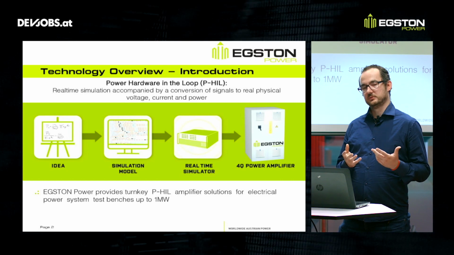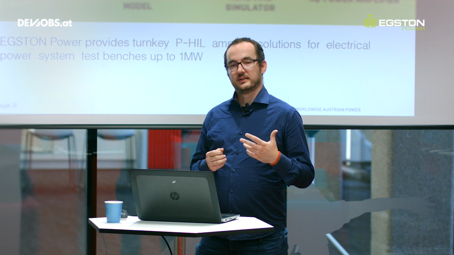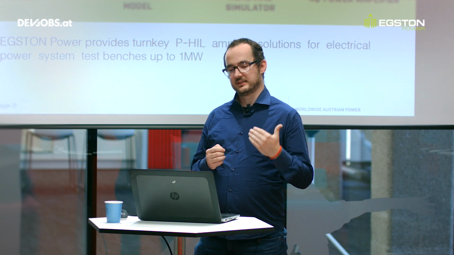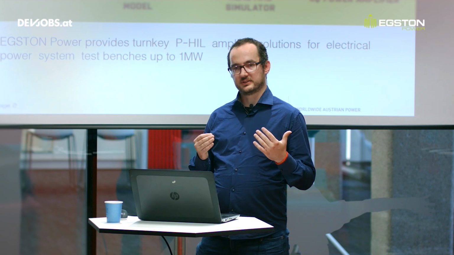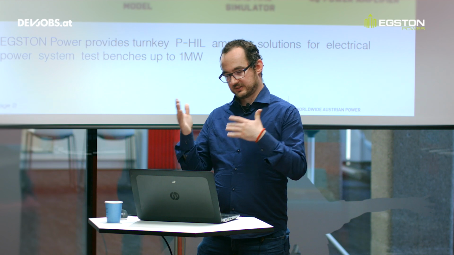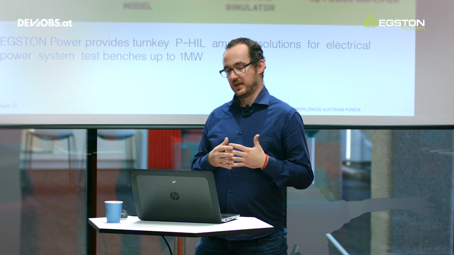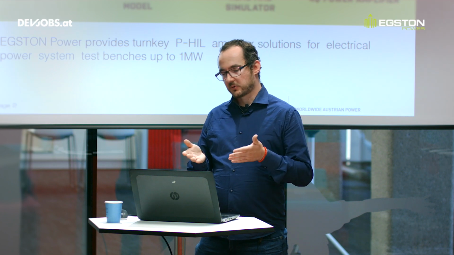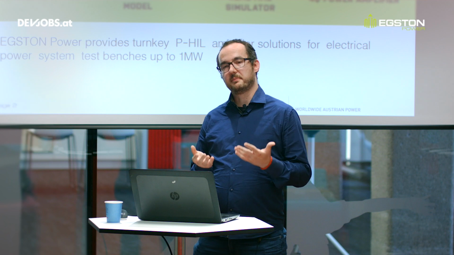The added value of this is that not only are the concepts evaluated at the simulation level, but the voltages and currents which would be generated in the model would be translated and transposed to the megawatt area, where the EGSTON Power amplifier would have the capability to produce these with high bandwidth.